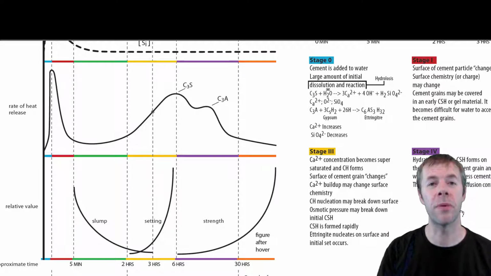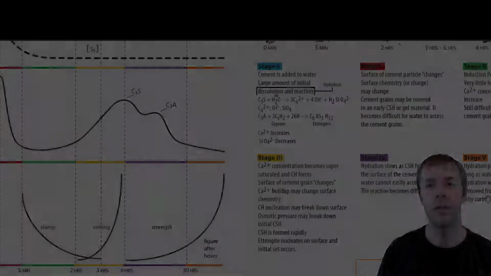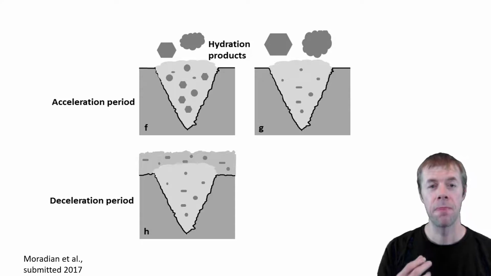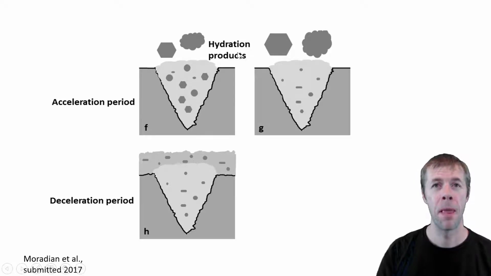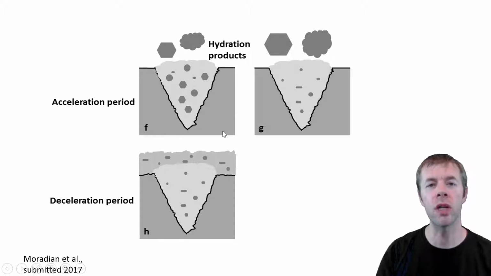And one of the other great things about it is we've got some images of this time period. What we see in our experiments is we see hydration products starting to form in the solution, and they start to grow. And once they start to grow, they seem to cause these crystals that formed early on to shrink.